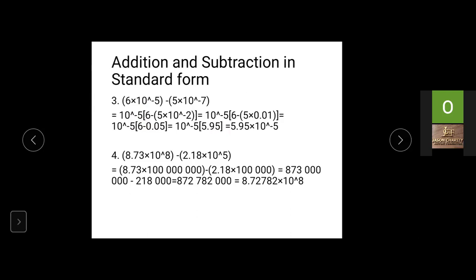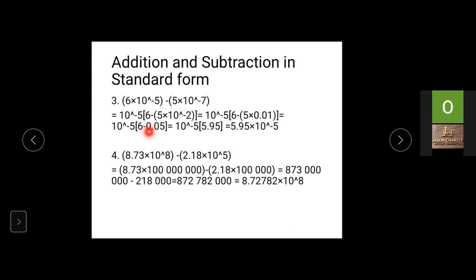So we have, open bracket, 5 times 0.01, close bracket, close bigger bracket, equals 10 raised to the power of minus 5 into the bracket of 6 minus 5 times 0.01. We have 0.05. So what is inside the bracket gives us 6 minus 0.05.